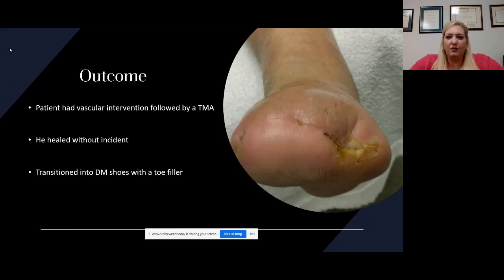The recidivism rate for patients is really great. So you have to work with your pedorthist or your prosthetic specialist in your area or your hospital to get these patients into a well-fitted shoe with a toe filler if needed to prevent further tissue breakdown from developing.